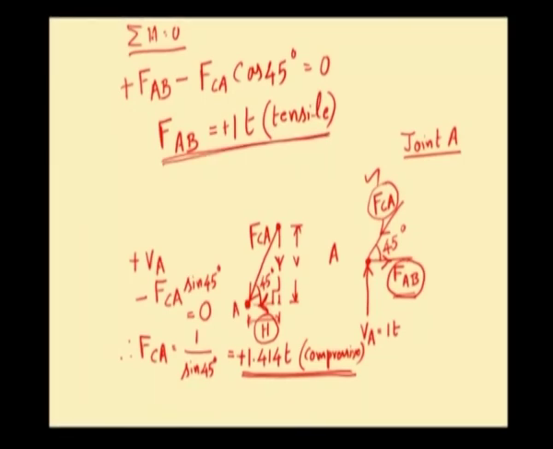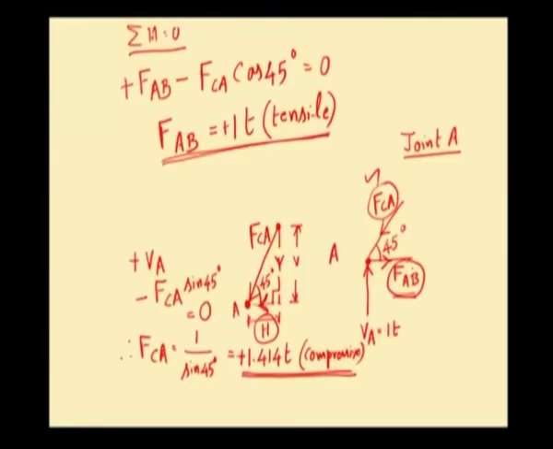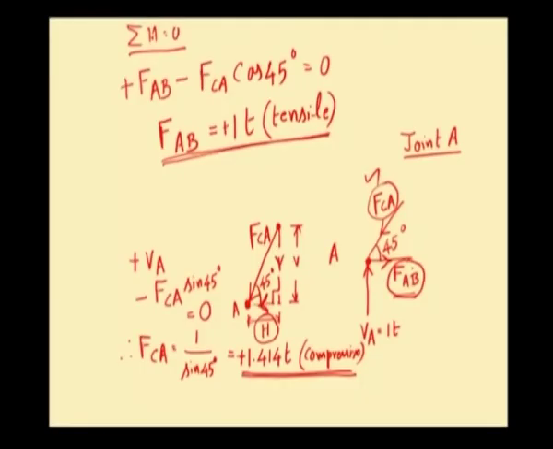So, by considering the equilibrium of joint A, we have found out two unknown member forces, namely FAB and FCA. Similarly, we can consider the equilibrium of joint C, and then we can determine the remaining unknown member force, which is FCB. Now, if you do the calculation, FCA will be exactly equal to FCB because of symmetrical loading.